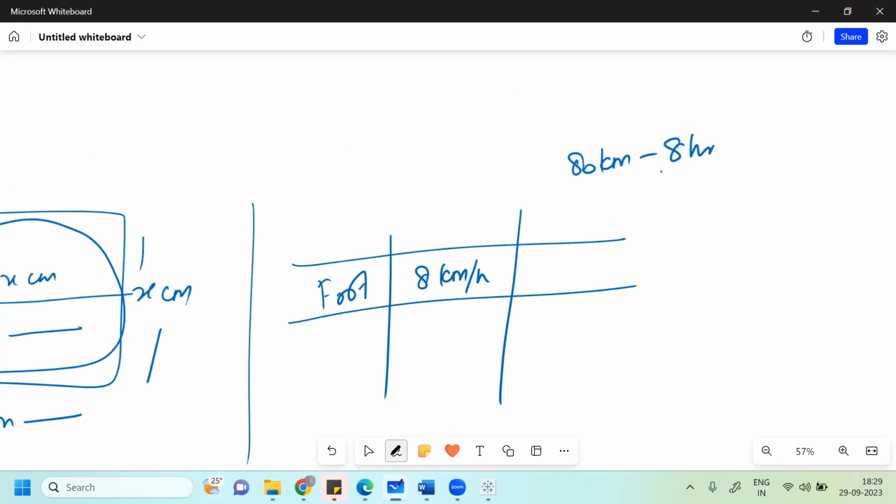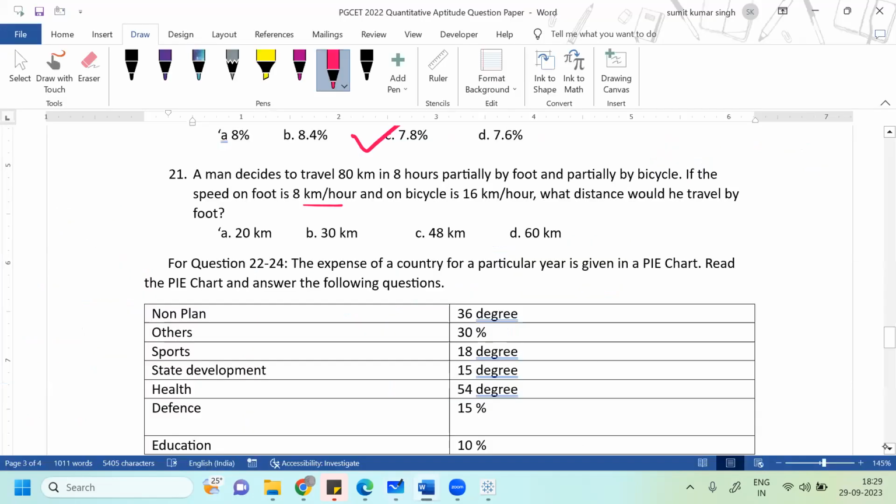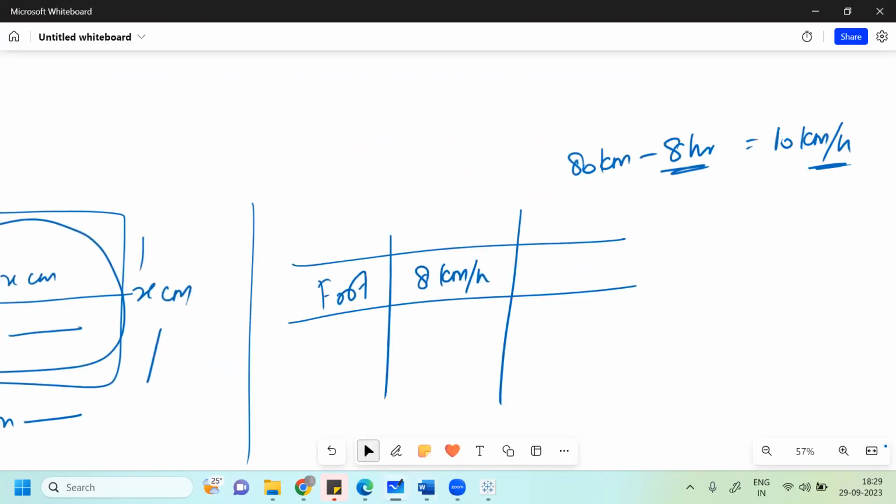The time he has is 8 hours, which means average speed should be 10 kilometer per hour, if I'm not wrong. The speed of the foot is 8 kilometer per hour and bicycle is 16 kilometer per hour.